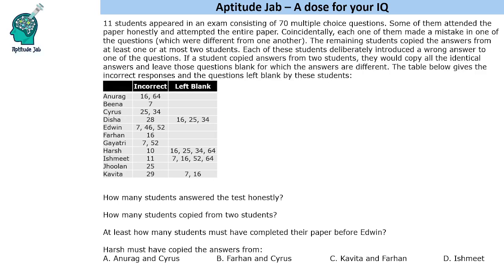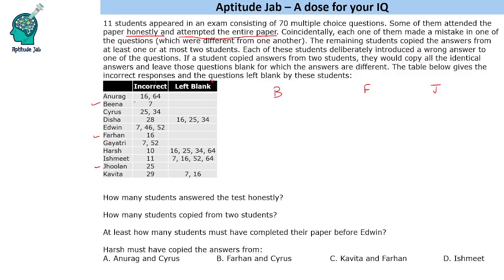If we talk about these students, those who answered honestly, they attempted all the questions, and each one of them made a mistake in one of the questions, so that means they will not leave anything blank, but they will have one incorrect answer. So those students are Beena, then Farhan, and Jhulan. So Beena, Farhan, and Jhulan.